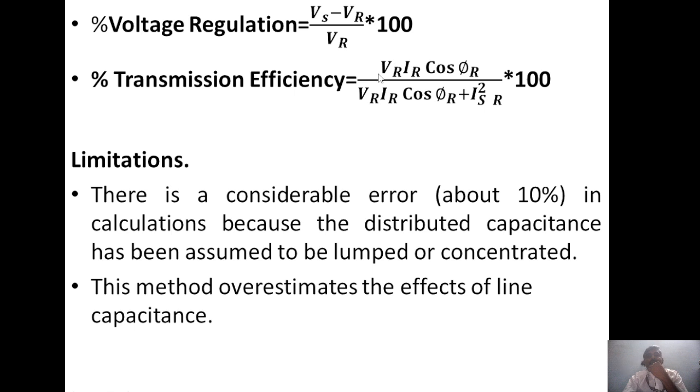This is the formula for a single phase line. Suppose the line is a three phase line, you simply put root 3 into Vr IR, and here, three lines, so 3 into Is squared into R will come. Based on this, you can do single phase as well as three phase analysis. Thank you.